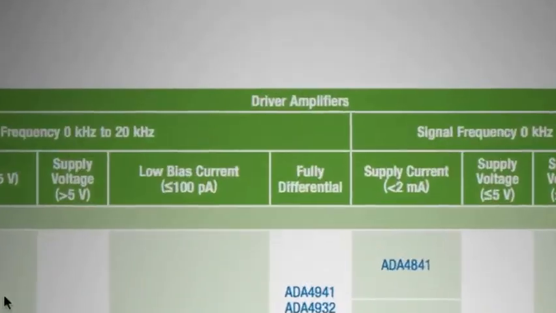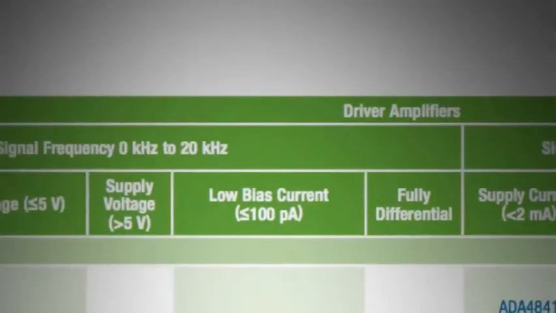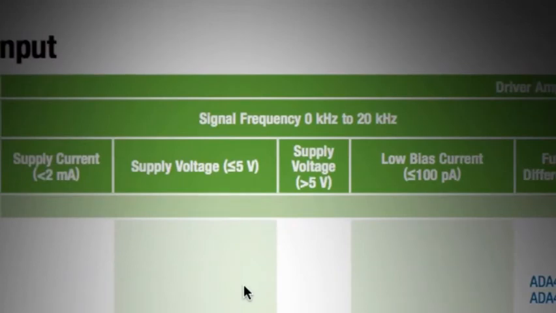Each of these SAR ADCs is matched up with driver amps based on input signal frequency, supply current, supply voltage, and bias current. This guide was developed by Analog Devices applications engineers who have years of experience in matching amplifiers with ADCs for specific applications.